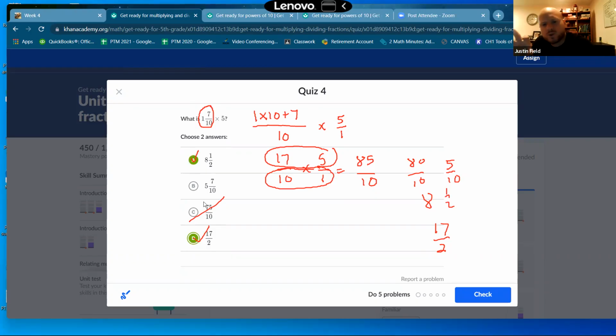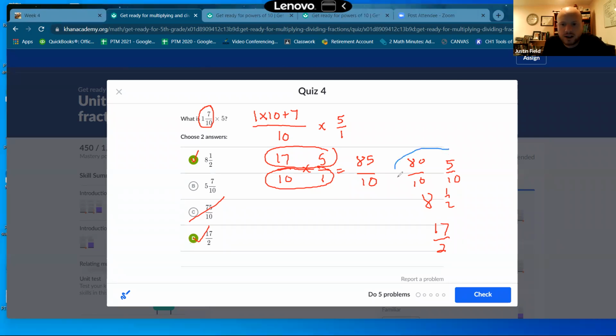So let's review. I had to change my mixed number to an improper fraction. Then I multiplied across the top. Then the part where someone must have got lost is right here. What did I do? I separated 85 into 80 and 5. Why did I do that? Because 80 can be divided by 10.